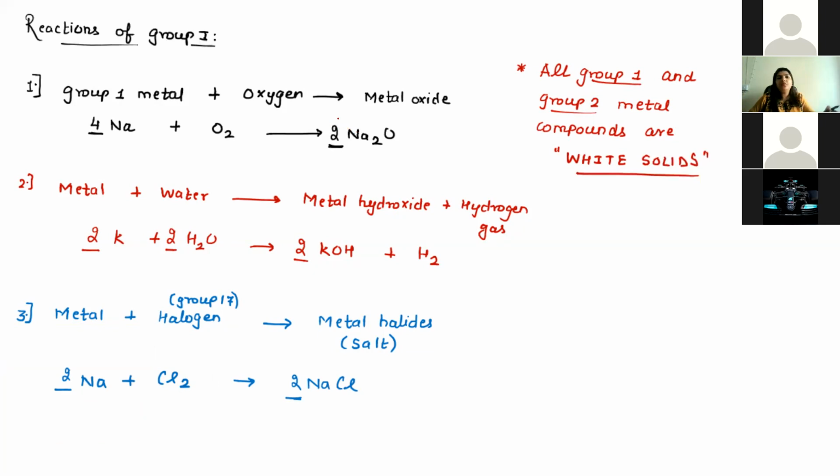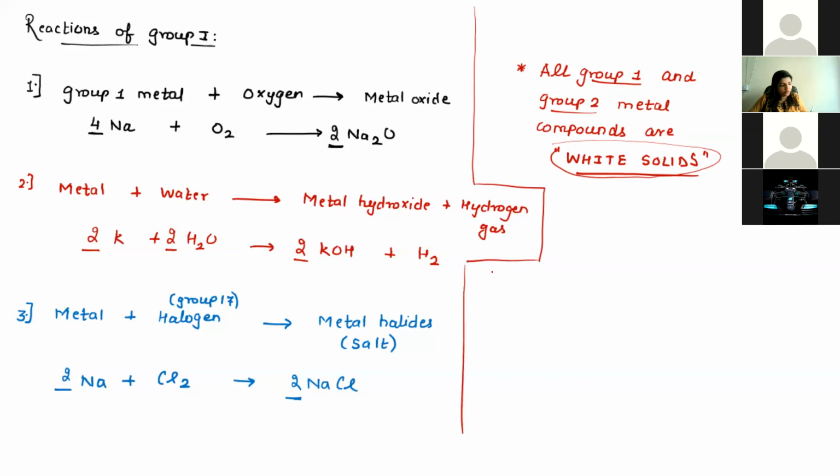Whether you take sodium oxide, lithium oxide, sodium hydroxide, sodium chloride, potassium chloride, magnesium oxide, or calcium hydroxide, anything is going to be a white solid. They all are going to be white solids.